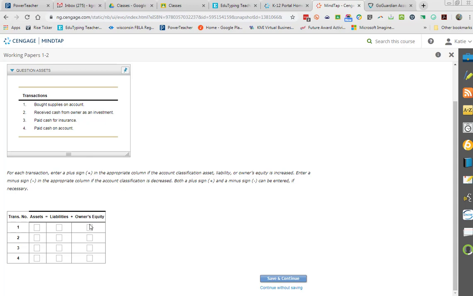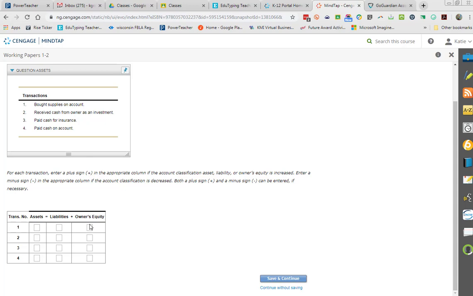Both a plus and a minus sign can be entered if necessary. So notice when we look at these transactions here, does it really give us the amount? No, that's not important. Right now, I just want you to grasp the concept that anytime something happens for a transaction in our business, we always affect two accounts, and we always need to make sure that our accounting equation stays in balance. So my first transaction is bought supplies on an account.